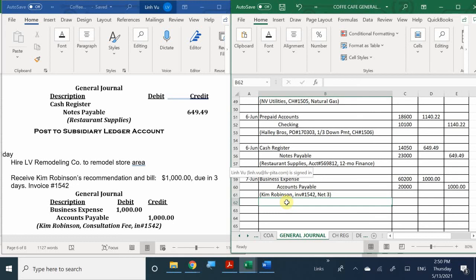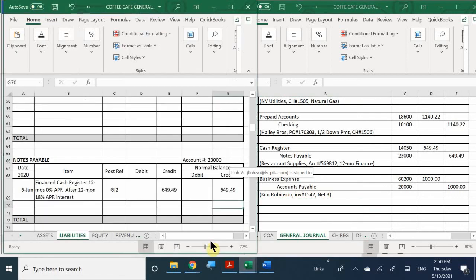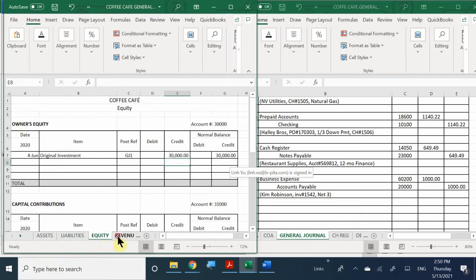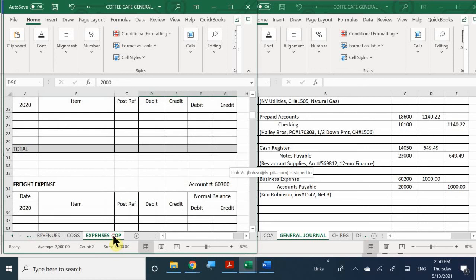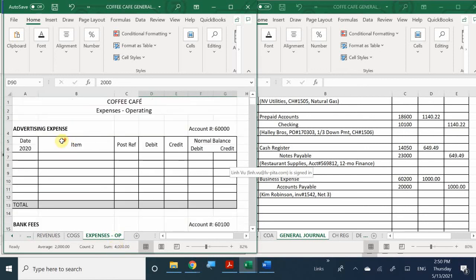Now, we need to update our ledger account, because now we have some expenses that we've incurred. So I'm going to go to my expenses, and it should be the top of your expenses, so page 30, 34, 35.